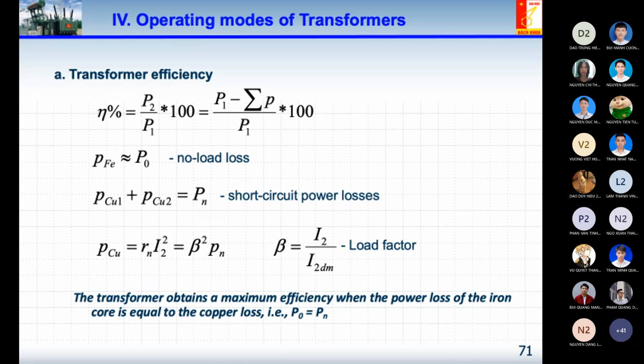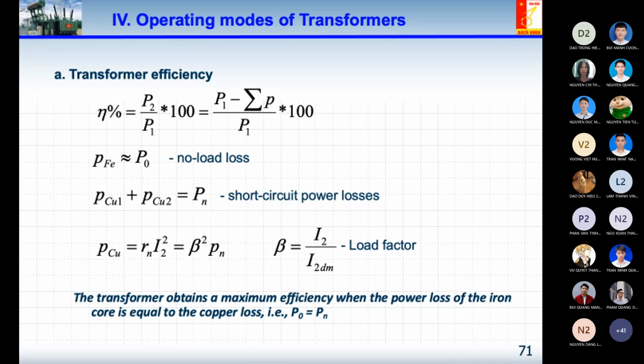For example, if they regulate that the efficiency of the transformer must reach 95%, it means that the transformer produced by the factory must reach 95%. If it doesn't obtain 95%, of course the transformer cannot be connected directly to the electrical system.